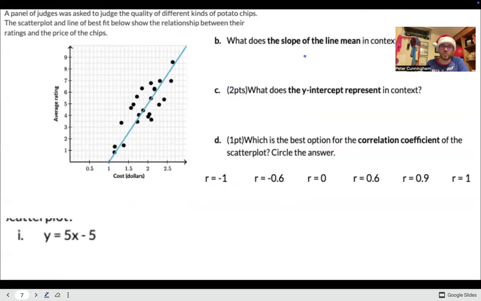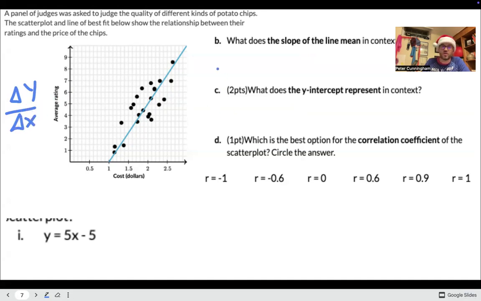Okay, what does the slope mean in the context? If you're ever wondering what the slope means and you're totally stumped, just literally go to the axes. Change in y over change in x, that's your slope. What does the slope mean?